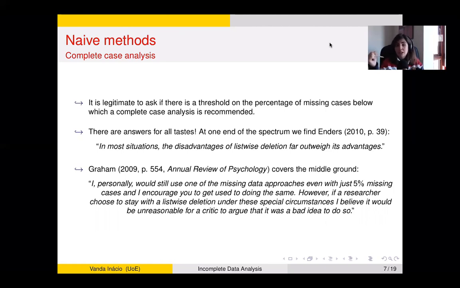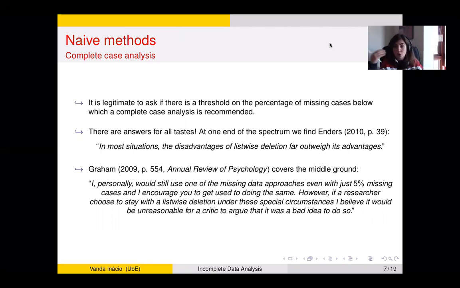On the other side, Graham, in 2009, in a review paper about missing data methods published in the Annual Review of Psychology, said that, well, in case he had, for instance, only 5% or less of missing cases, he would still follow one of the approaches specialized for dealing with missing data, and we will learn about them.